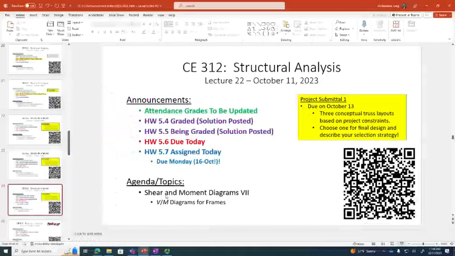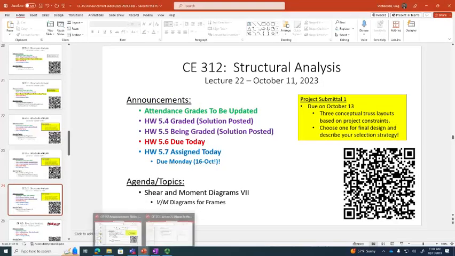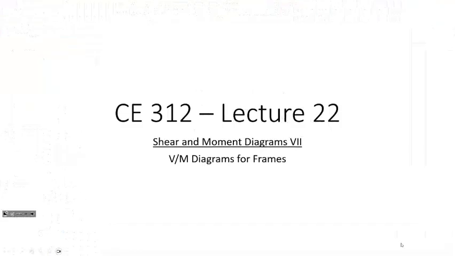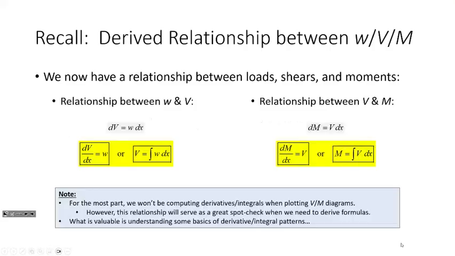Okay. All right. Let's get into the topic today. We're going to discuss shear and moment diagrams for frames, and I'm almost hesitant to even bring this up again because I've been bringing this slide up a lot. But the big point that I keep trying to get across is that nothing really changes in our relationship from when we're constructing shear and moment diagrams from the past few lectures.